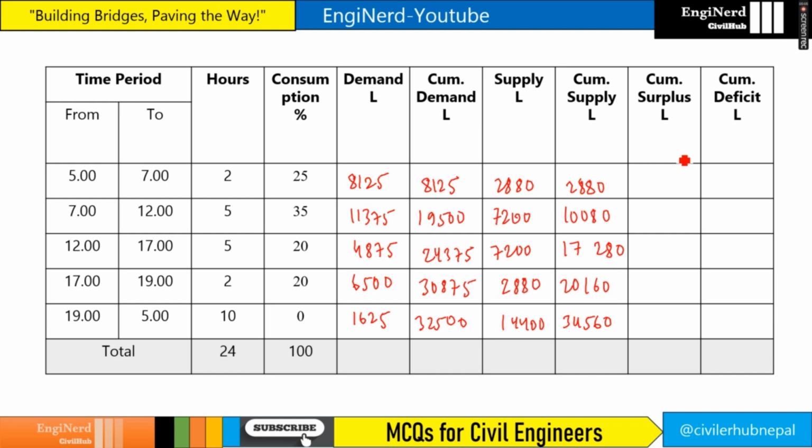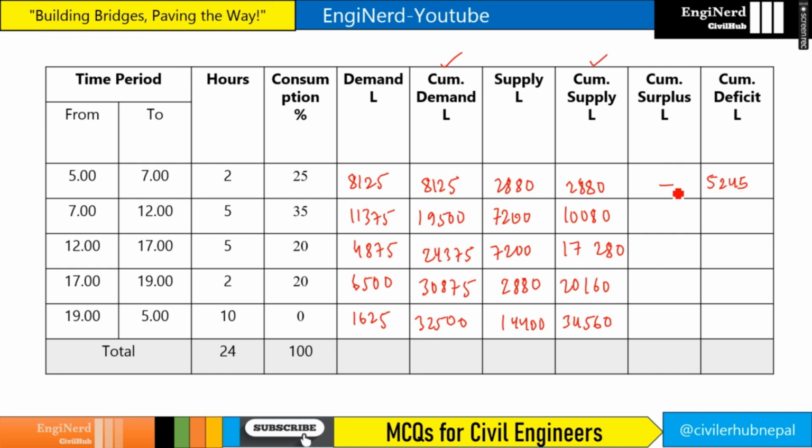Now for the cumulative surplus, we write in this column if cumulative supply is greater, and in this column if cumulative demand is greater. Let's see in the first row, it will be 8125 minus 2880, so it will be 5245 in the deficit part.